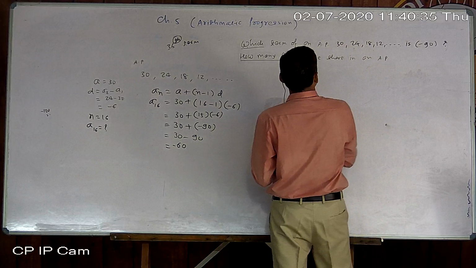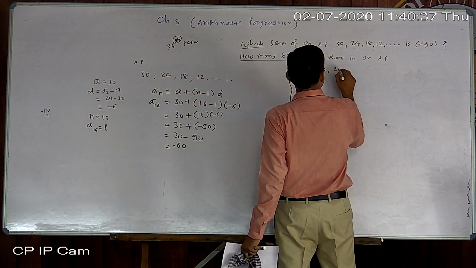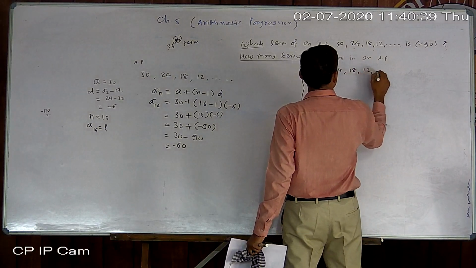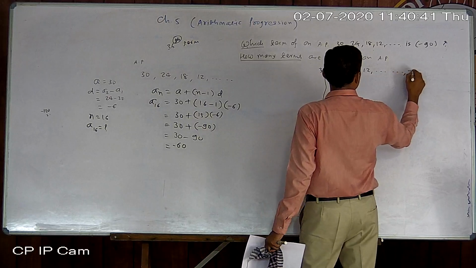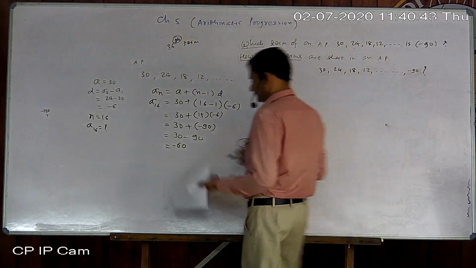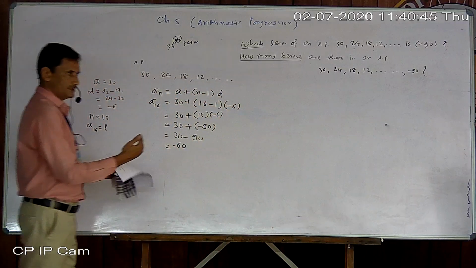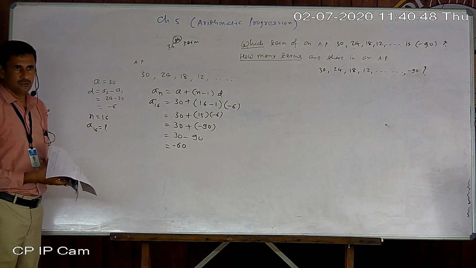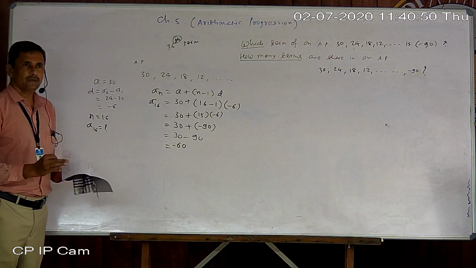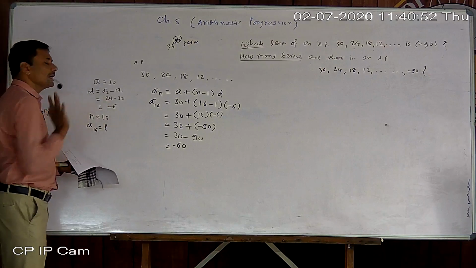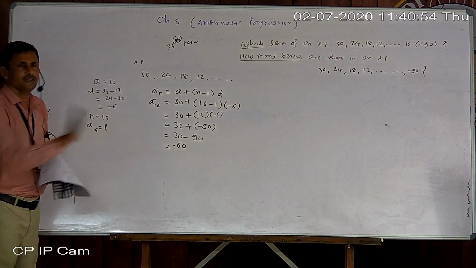Same way only. 30, 24, 18, 12, dot, minus 90. So I just gave you a second example of the same type, but in which d is negative. Otherwise everything is repeating.